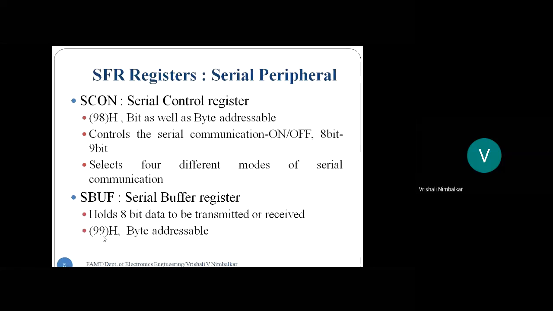As I said, the transmission and the reception can happen at the same time. Now, whenever the microcontroller is receiving data, the data bits are coming on RxD. So the microcontroller is receiving the data, meaning it is reading, taking it in.